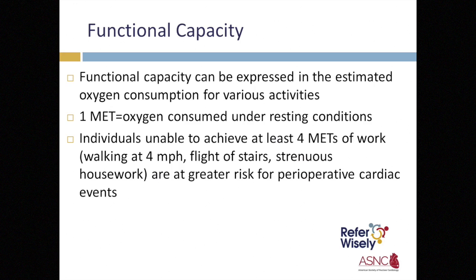Previous studies have demonstrated that individuals who are unable to achieve at least 4 METs of work are at greater risk for perioperative cardiac events. Examples of the types of activities associated with 4 METs of exertion include walking at 4 miles an hour on a level surface, climbing a flight of stairs, or performing strenuous housework.